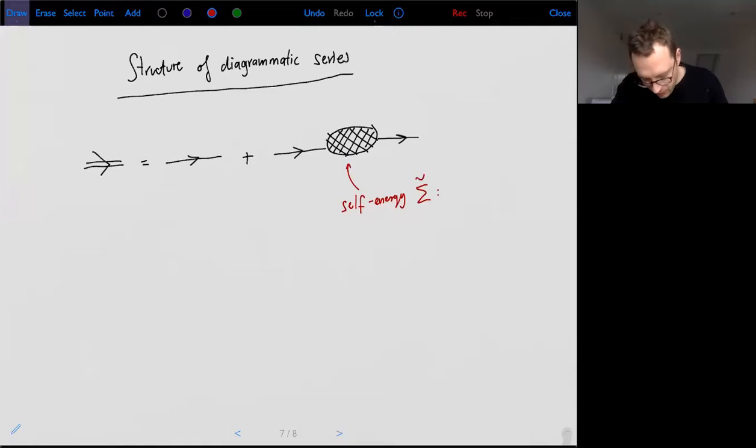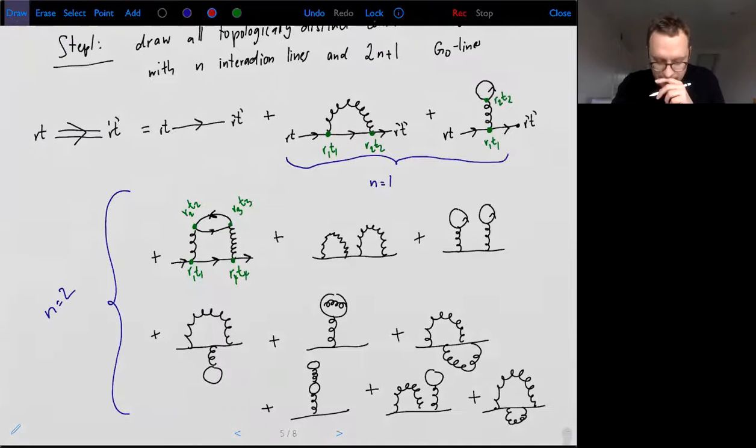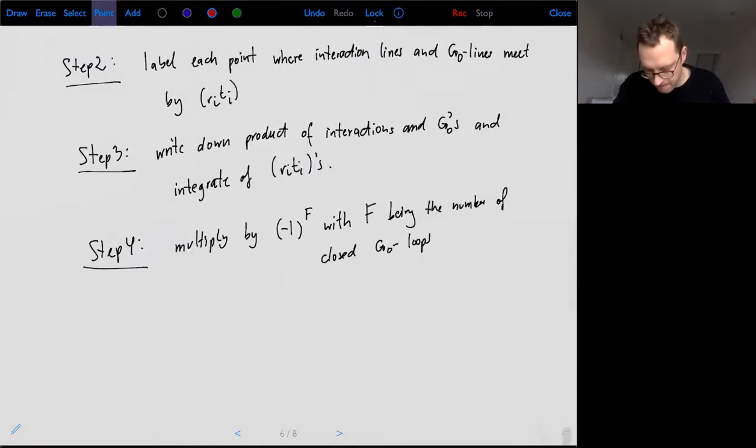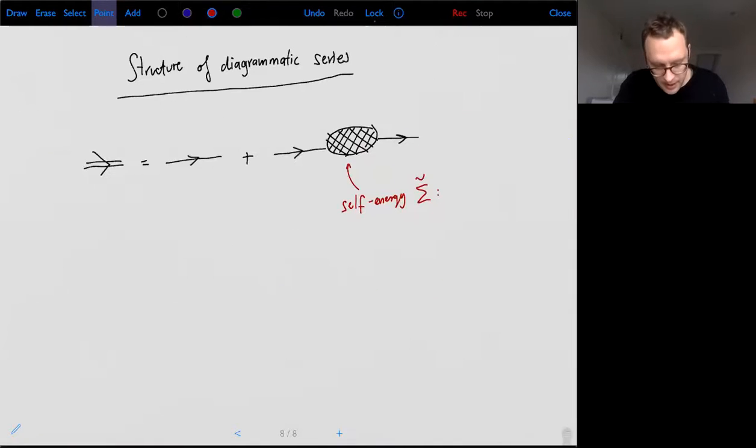What I need to do is take each and every diagram except the first one and cut off the initial and the final G0 line. So that is not surprising.